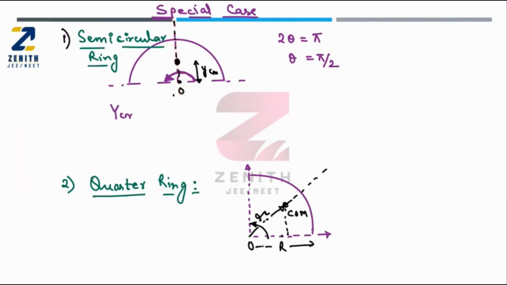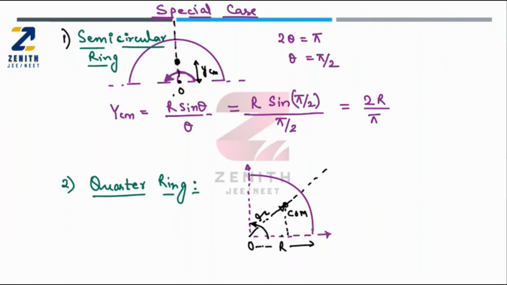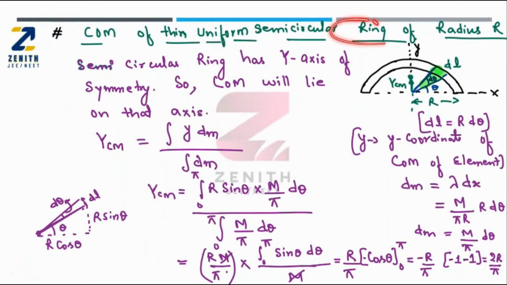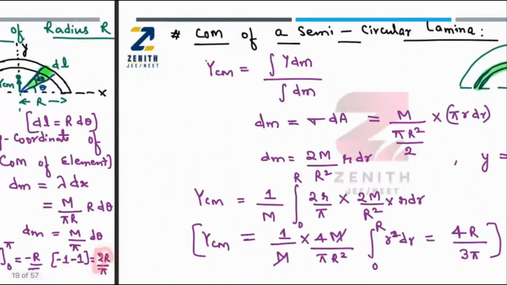So I can write YCM is nothing but r sine theta divided by theta. Fine. So r sine theta means sine pi by 2 divided by what is this value? Again pi by 2. So you will get 2r by pi. The same expression you got in the previous slide, in which I talked about the semicircular ring, which is nothing but 2r by pi.